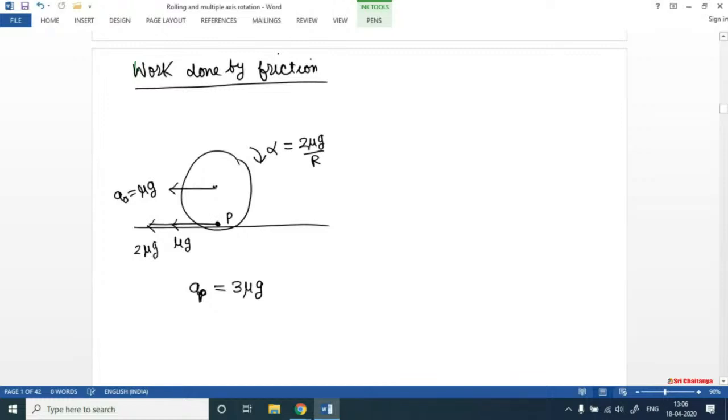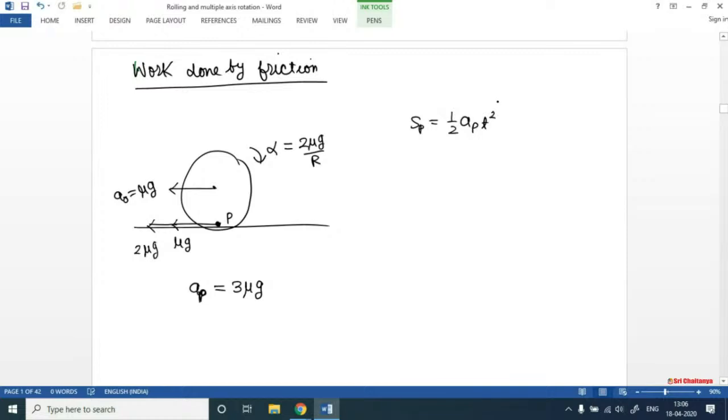Now, as the initial velocity of this point was u, and we have got the acceleration, we will be able to find out the displacement of this point. So what will be the displacement? Simply, sp, the displacement of this point in backward direction, is going to be half ap times t square.